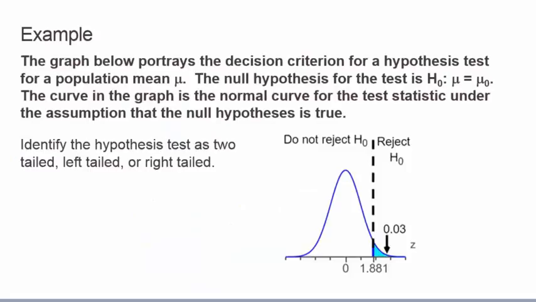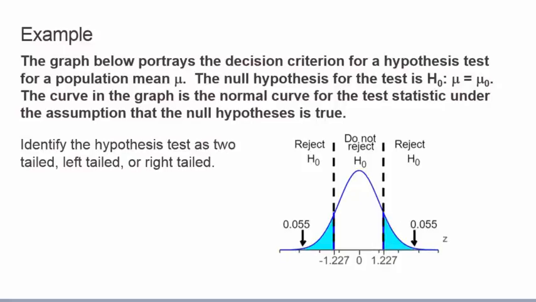Continuing with our example, identify the hypothesis test as two-tailed, left-tailed, or right-tailed.